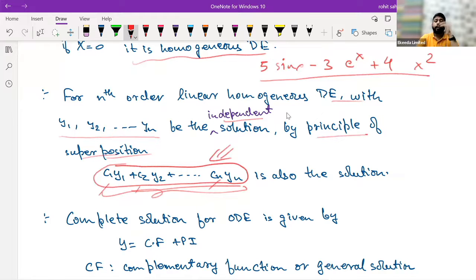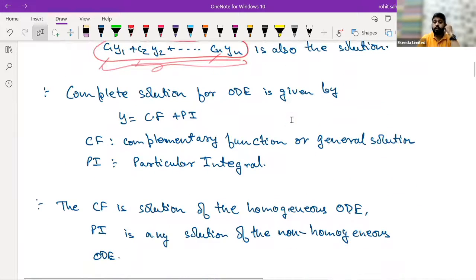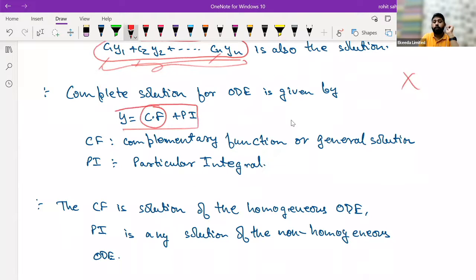Now the complete solution. अभी जो मैंने आपको बात बताई, this is the part of homogeneous. For your homogeneous equation, that means the right hand side function is 0. If it is homogeneous, you'll only have your complementary function. But if it is non-homogeneous, let's say there is some function on the right side, then the complete solution will be complementary function and particular integral.